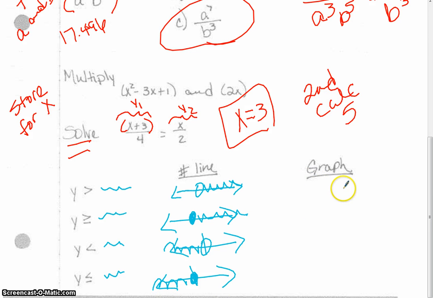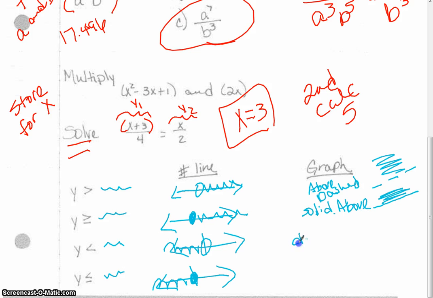For y is greater than, on a graph, you're going to shade above, and it's going to be dashed. So it would be like a dashed line, and then you would shade above. Greater than or equal to is above, but solid. You would have a solid line, and you would shade above. So solid and above.